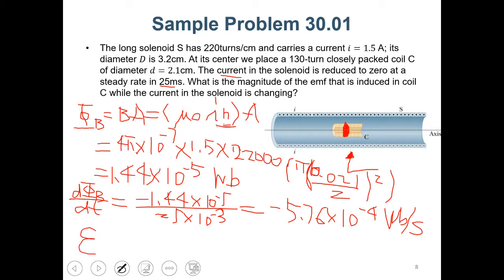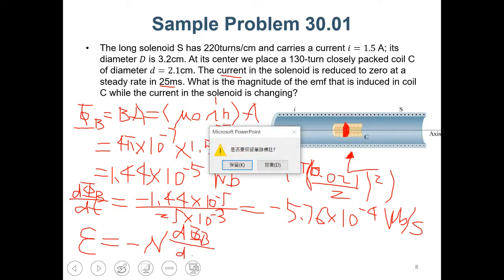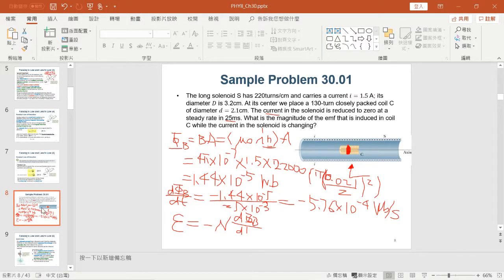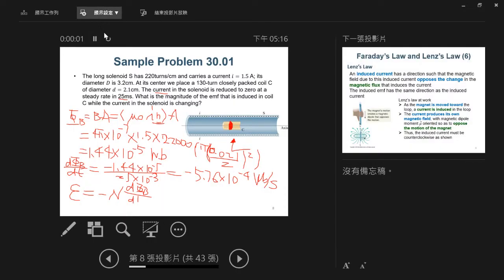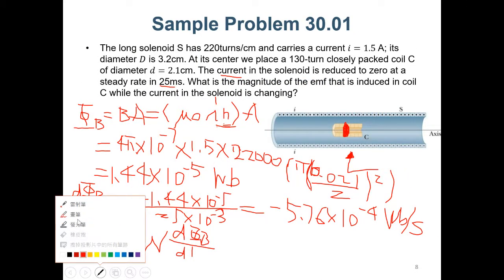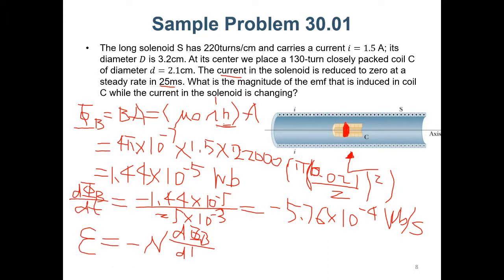So finally, the electromotive force is something like N d phi B dt, okay, something like this.